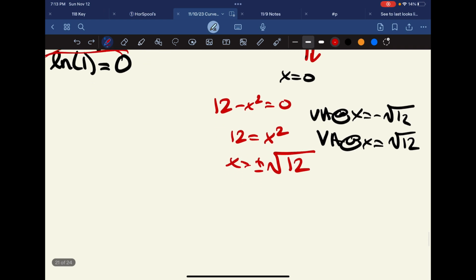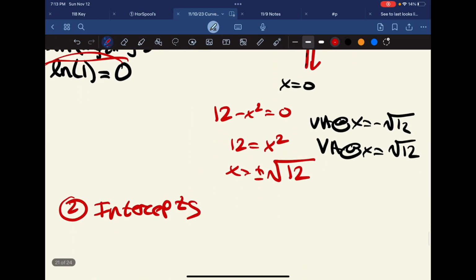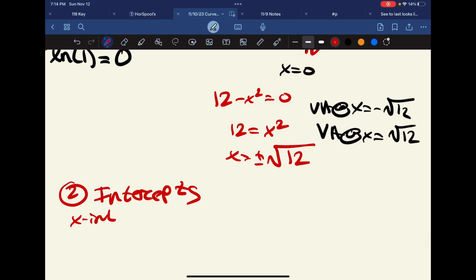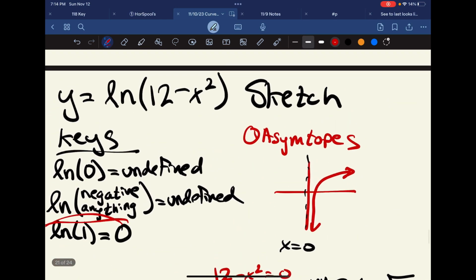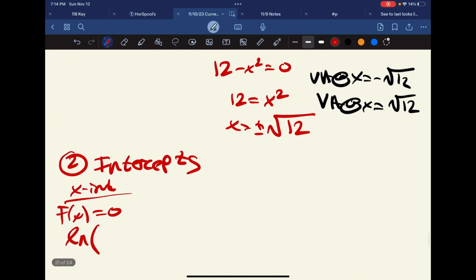All right, so then we're going to want to go on to our intercepts. And so for our intercepts, we're going to start with x-intercepts, which we get by setting f of x equal to 0. So ln of 12 minus x squared equals 0.